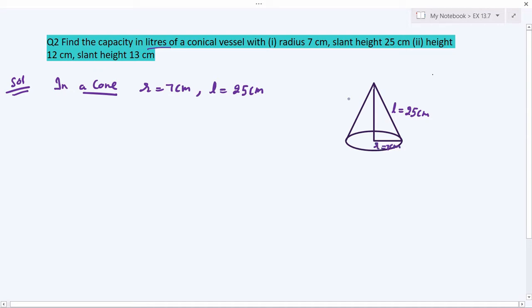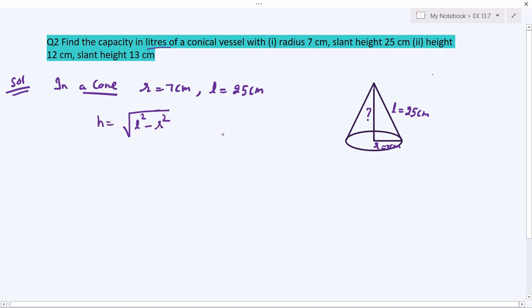Right? Now you have to find out the height, because if you find out the height only then you can find out the volume, that is to be known as the capacity of the cone. Okay. Now what is the formula for finding the height? All of you know these some formulas are like this. h is square root of l square minus r square.